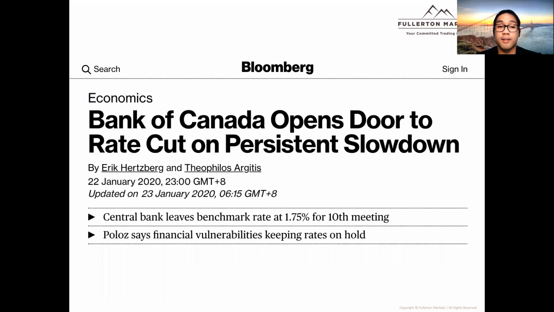All right, let's have a few more examples. Bank of Canada opens doors to rate cut on persistent slowdown. Bank of Canada is cutting rates. Now, you guys have more information. You can see how this will affect whatever currency pair you are trading. Central bank leaves benchmark rate at 1.75% for the 10th meeting.